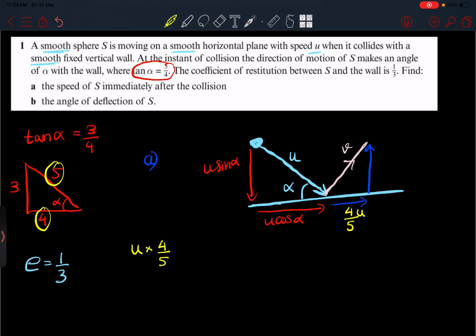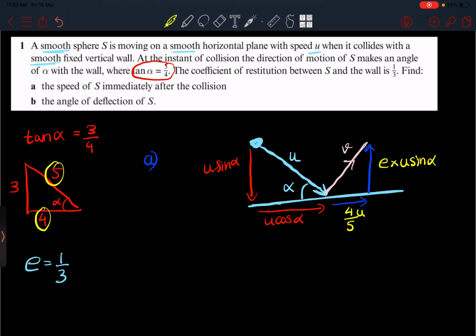Remember, the vertical component will be affected by the coefficient of restitution. So this will be E times whatever my initial one is, so E times U sine alpha. What is U sine alpha? U sine alpha is 3 over 5.